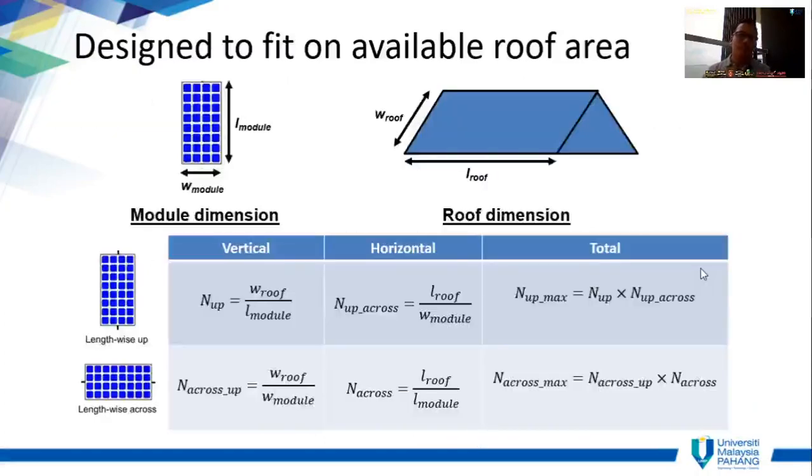So let's say we have two pictures here. The left one is the module dimension. The length of the module is L module, while the width of the module is W module. And for the roof dimension, the length of the roof is L roof, and the width of the roof is W roof. We divide into two cases, lengthwise up and lengthwise across.